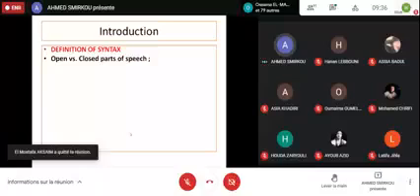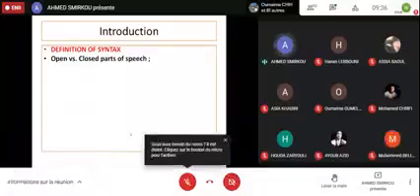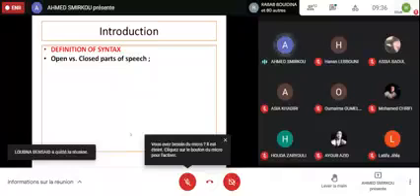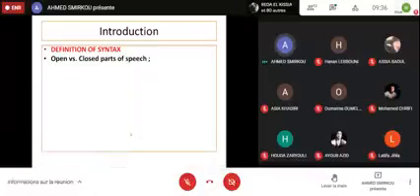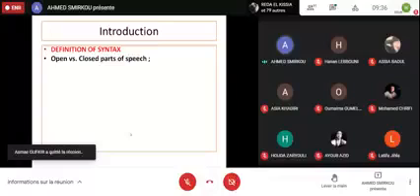First, the difference between open and closed parts of speech. Open parts of speech are called open because they are open to modification, changes, and affixations.